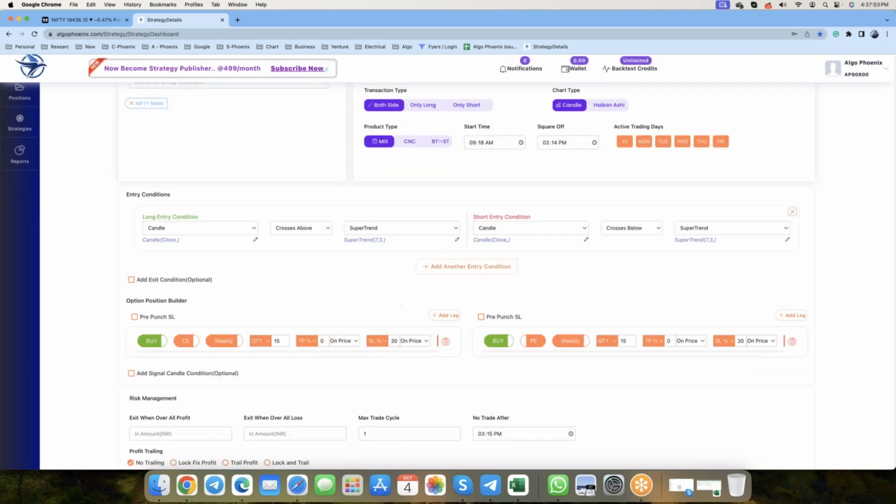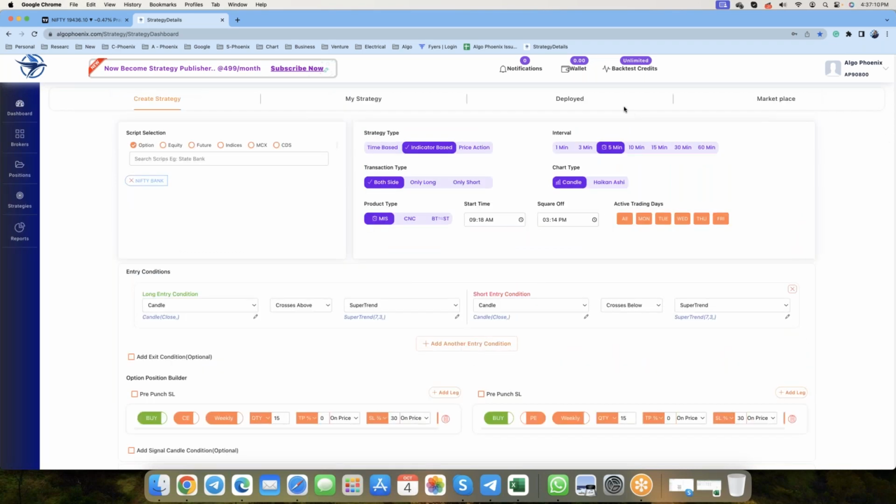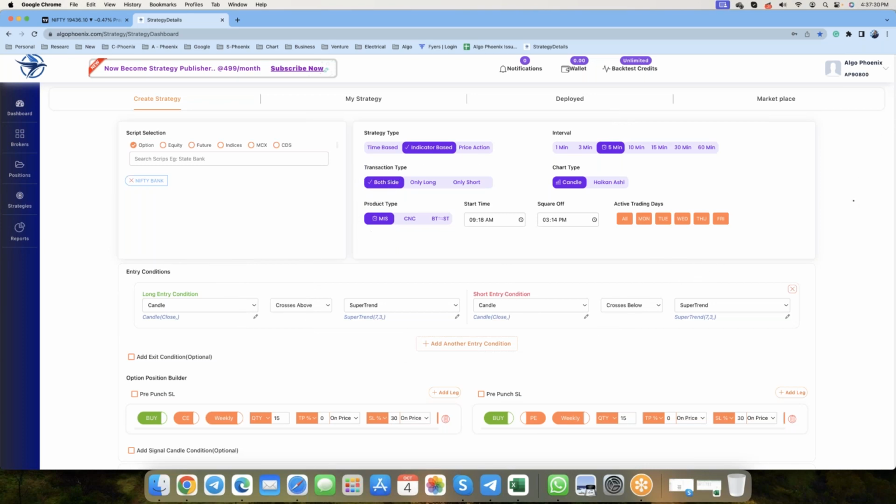Once I update this long condition, the short condition will automatically get executed. Now I'm going with a 5 minutes time frame with both long and short sides on MIS, where the candle is closing above Supertrend 7.3. Again, short entry would be candle closing below Supertrend 7.3. So it's a stop and reverse method.